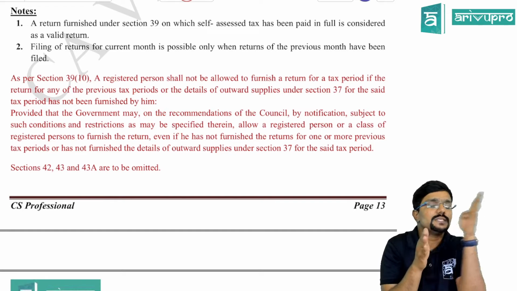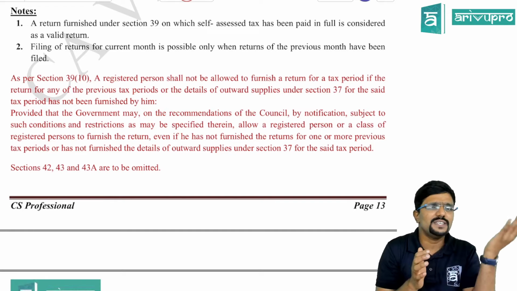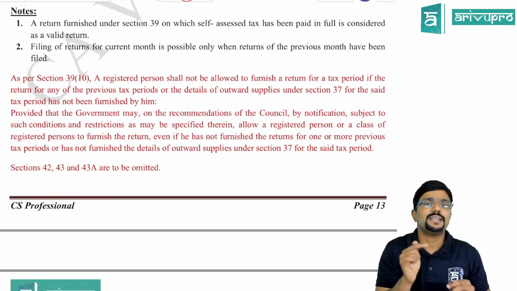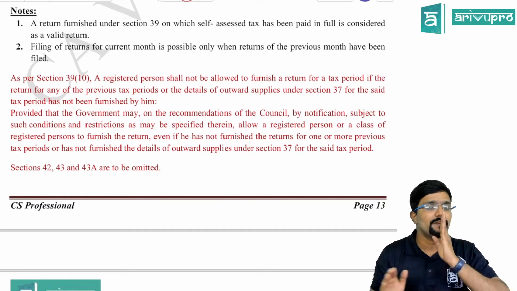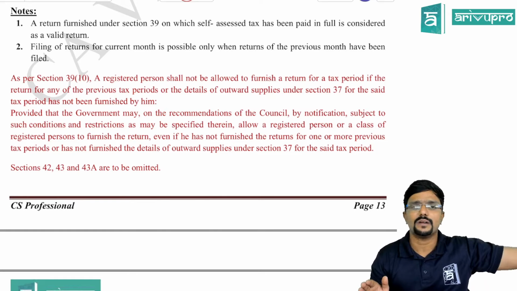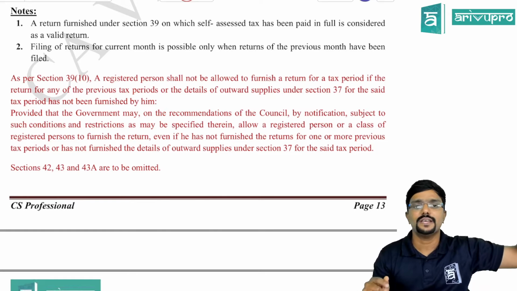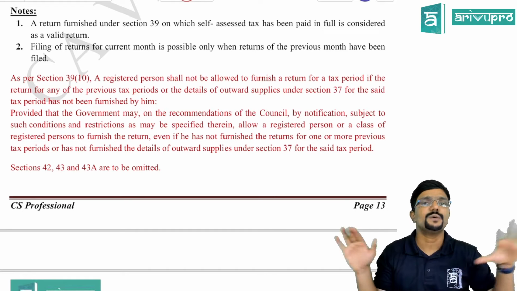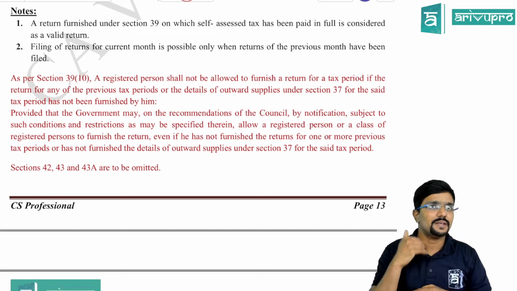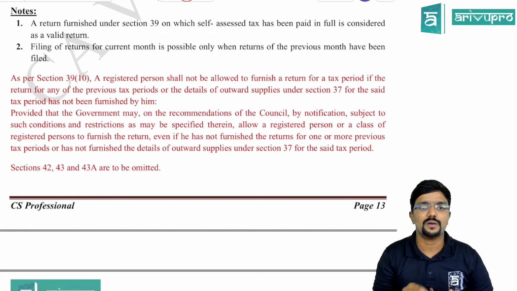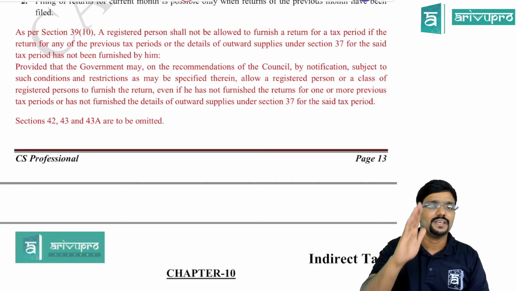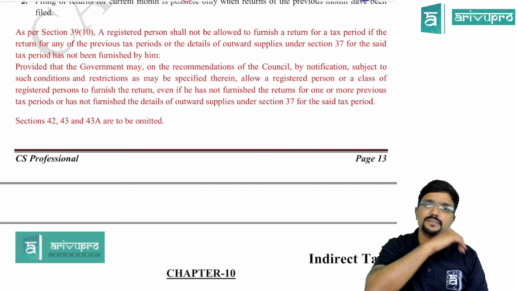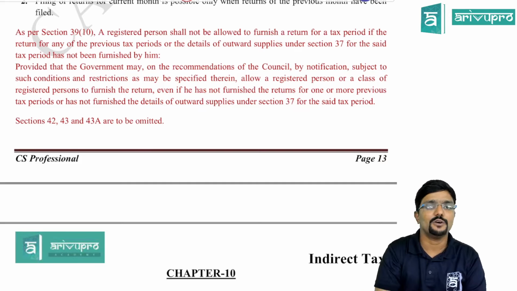If you have not filed your GSTR-3B for last month, or you have filed GSTR-3B but not filed GSTR-1, in that case, in the current month you cannot file GSTR-3B. Same thing was there even for GSTR-1 under section 37. Here also they have added the same. But government again has the power to exempt any person, telling that even though you have not filed your GSTR-3B for last month, you can file it this time for this month. Government has that power.